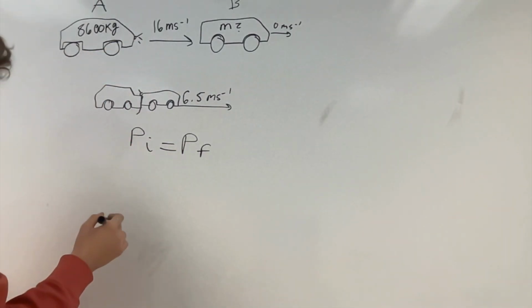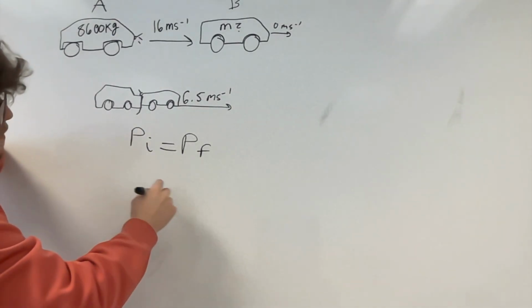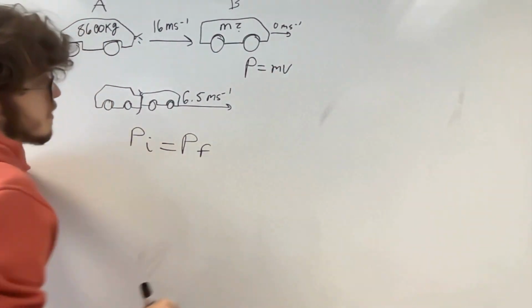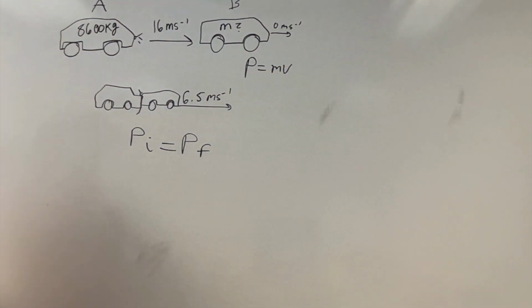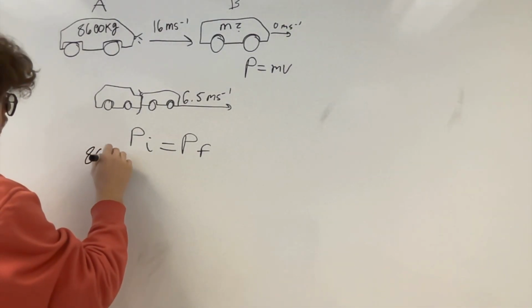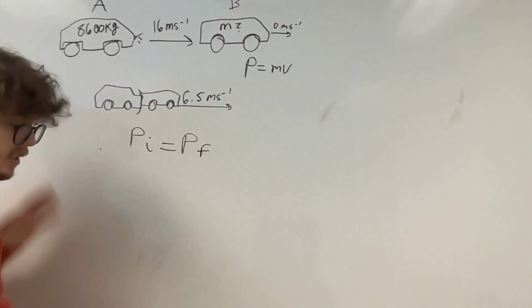Well, let's see here. So we have car A traveling at 16 meters a second. We know that momentum equals mass times velocity, right? It's just a velocity with a factor of mass in it, right? So we have that 8,600 kilograms. Oh, geez, I won't get to that far yet. Let's actually define our variables.